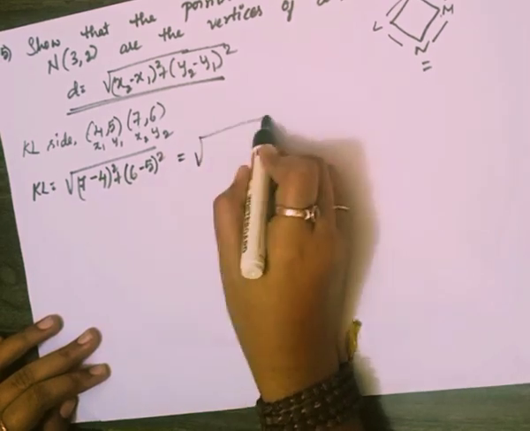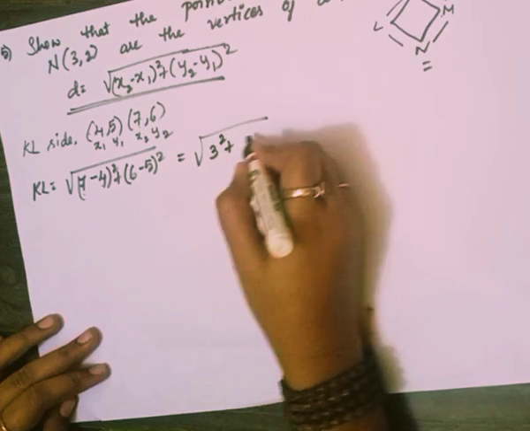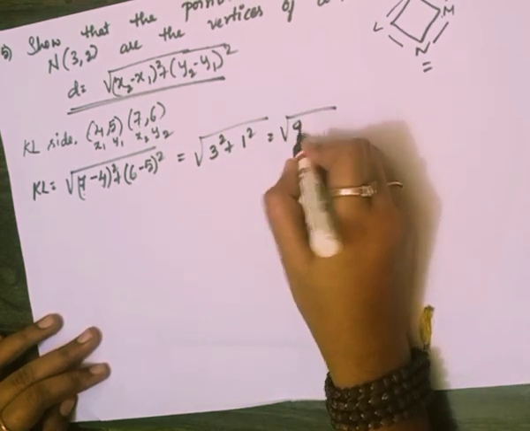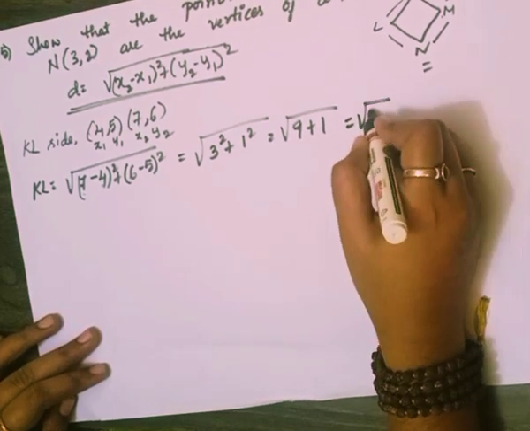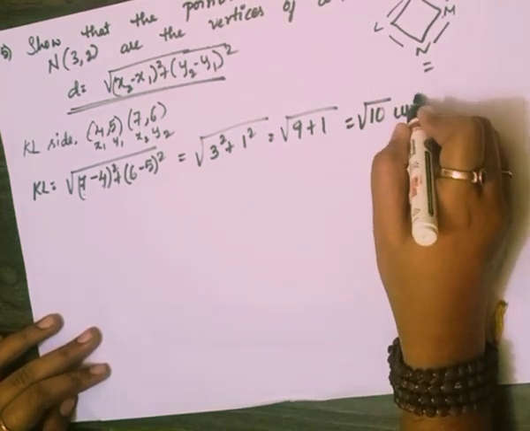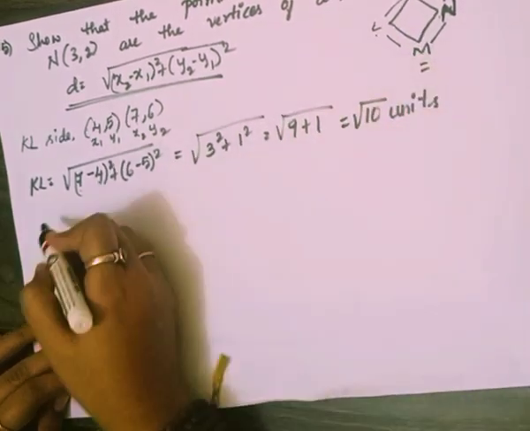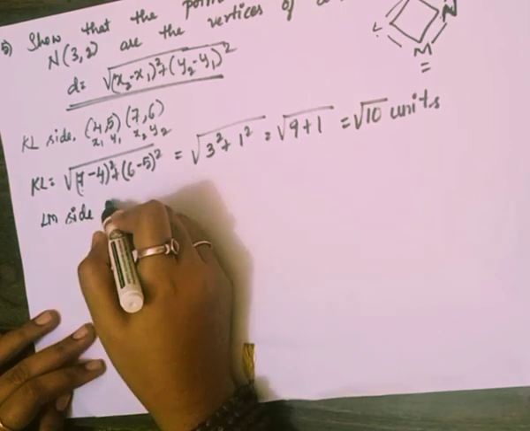Now 7 minus 4 I'll get 3 square plus 6 minus 5 I'll get 1 square. 3 square is 9, 1 square is 1. So then what I'll get? Square root of 10 units. After that I'll go with another side, that is LM. So now LM side.